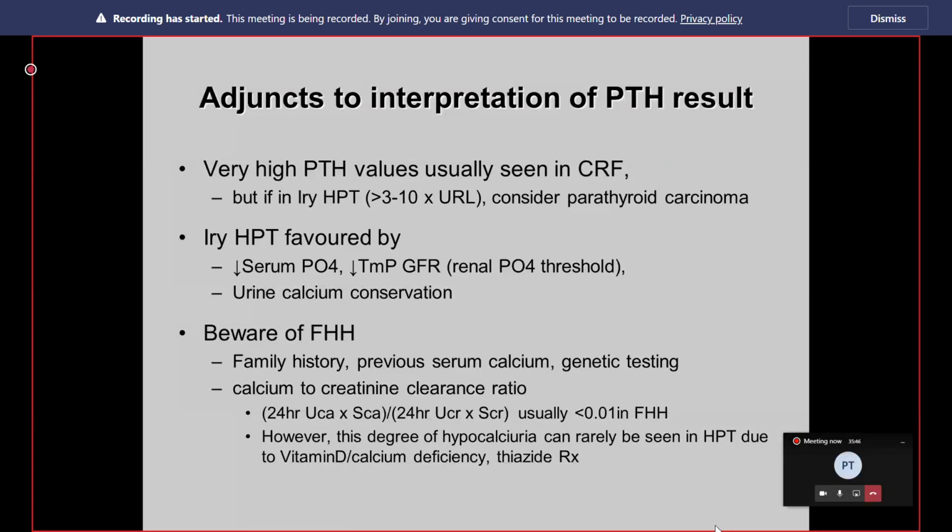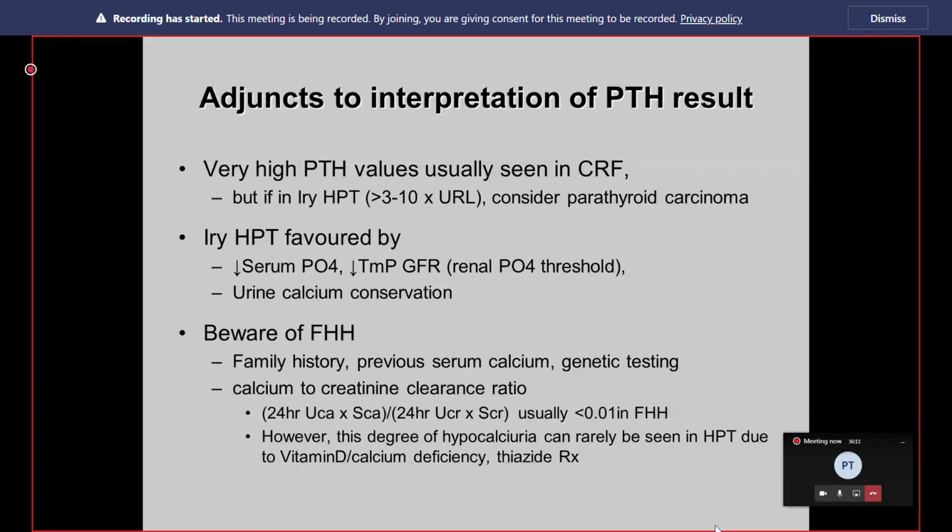So there's a genetic test available, but usually the screening test is urine calcium excretion. And what we do is a 24-hour urine calcium excretion, measure the serum and urine calcium and creatinine, and calculate the calcium creatinine clearance ratio. And I've given the equation there.